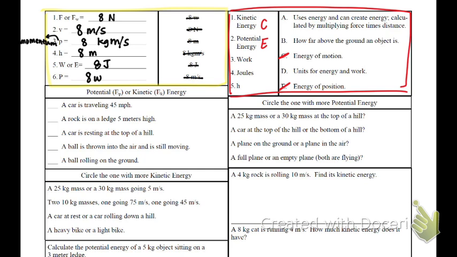What is work? Work is using energy. It also can create energy. Joules is your unit. And then H. Height is how far above ground you are. So B for that one. Okay, any questions there?